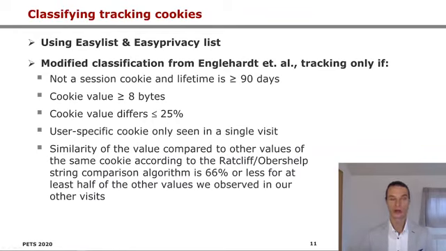Also, the similarity of the values compared to other values of the same cookie, according to the Ratcliff-Obershelp string comparison algorithm, is 66 or less for at least half of the other values we observed in our other visits.